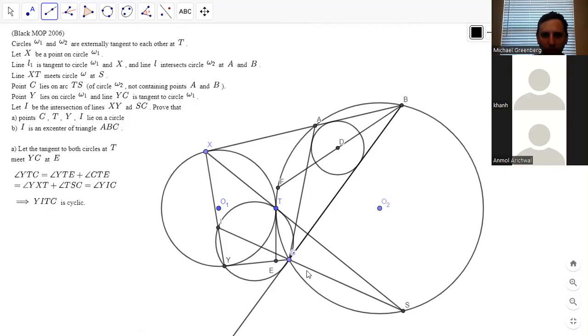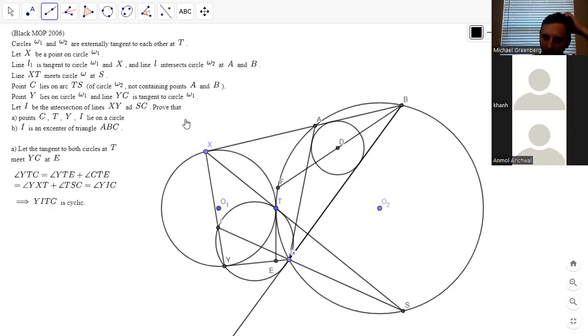I think we should prove that SA is equal to SB, because SB squared is equal to SA squared, which is equal to ST times SX. We should show that SA equals SB. We have SB squared equal to ST times SX, because we can show that STB and SBX are similar.